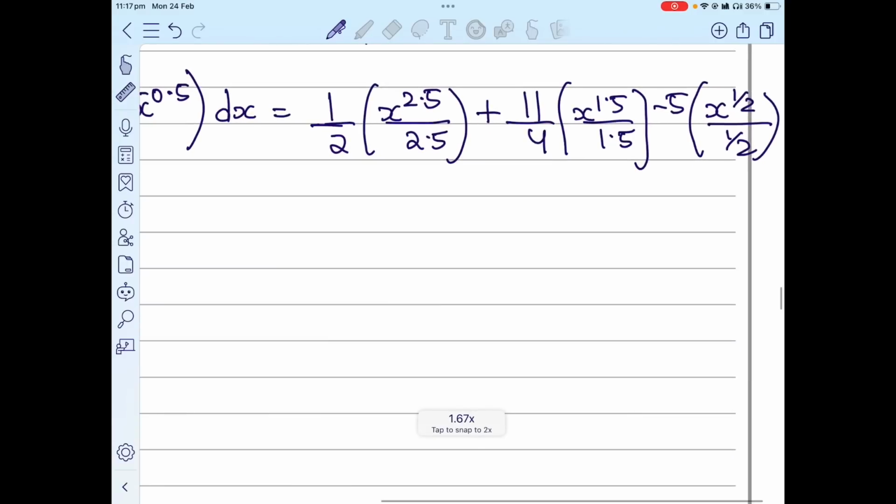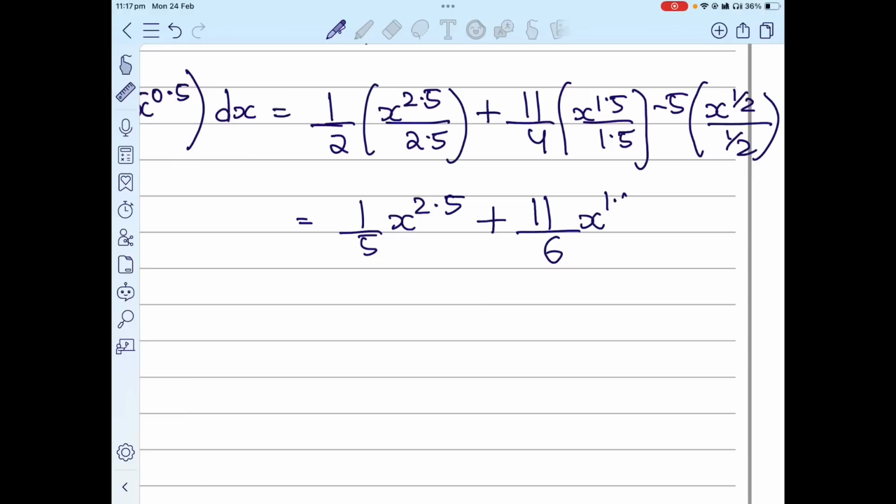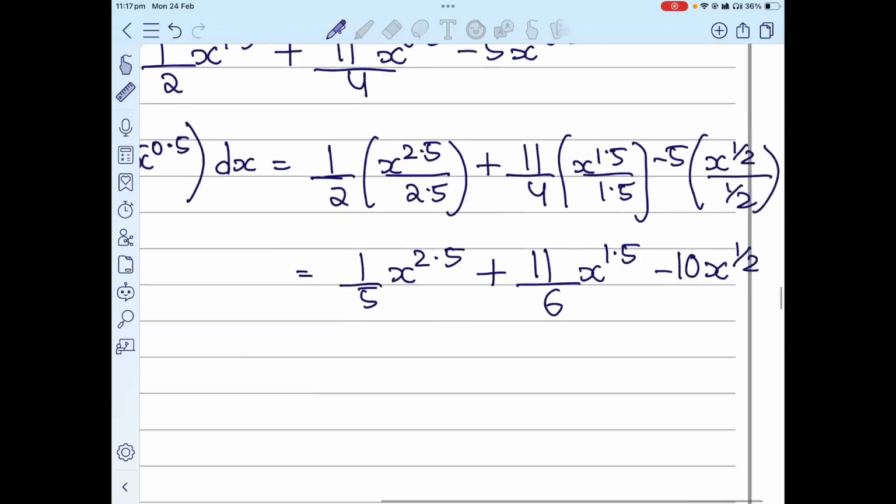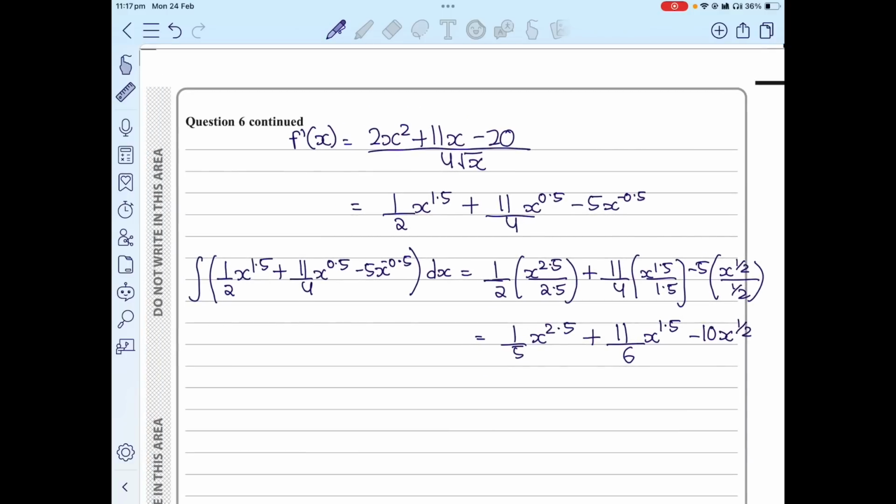Now when I simplify it further, I would get 1 over 5 x raised to 2.5 plus 11 over 6 x raised to 1.5 minus 10 x raised to half. I've done these calculations previously to save time, but obviously you would need to do them yourself. After that, we substitute 4 to get negative 5 so that we can find the value of c, because there is still a constant c missing here.